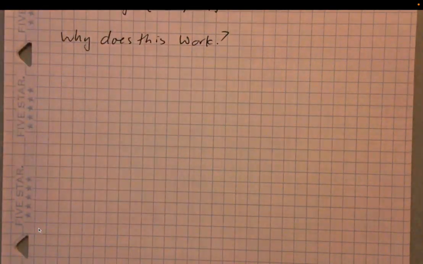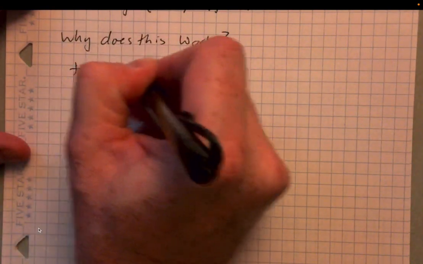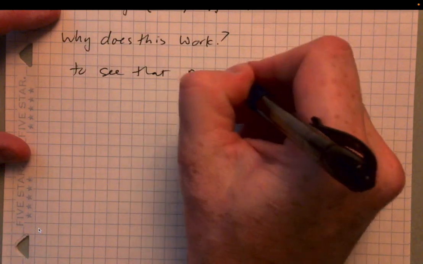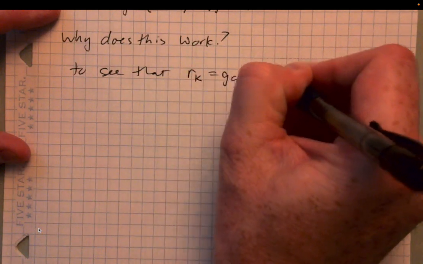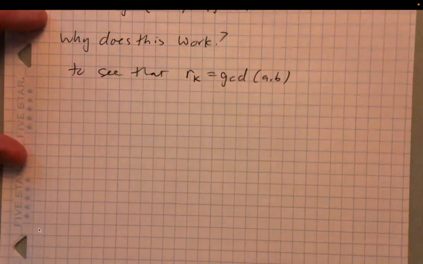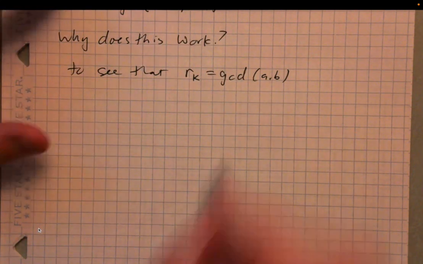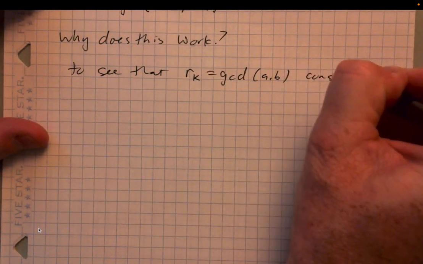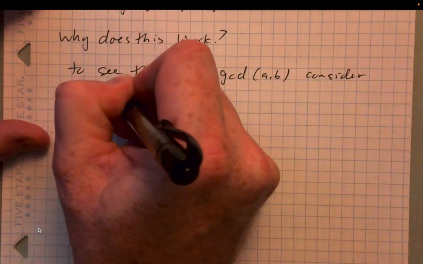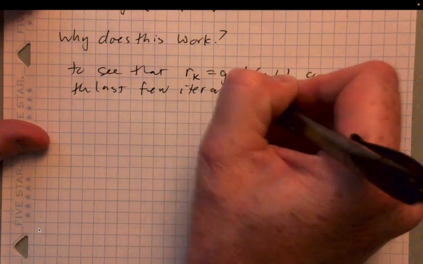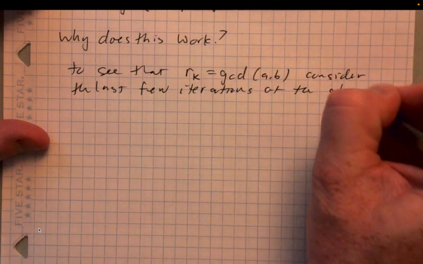So to see that R of k is equal to the GCD of A and B, let's consider the last few iterations of the algorithm.